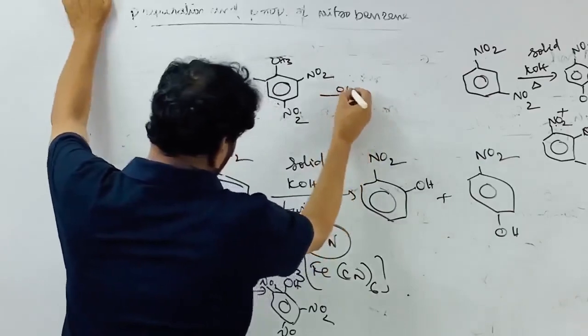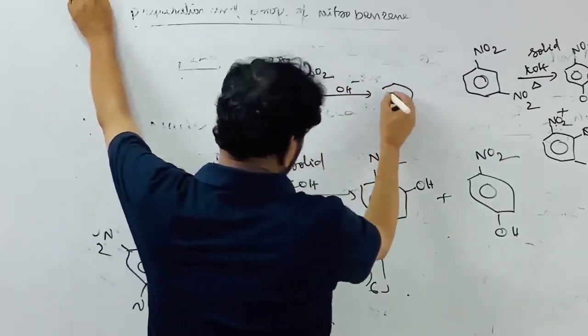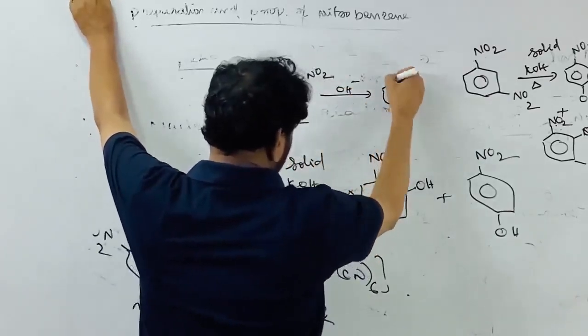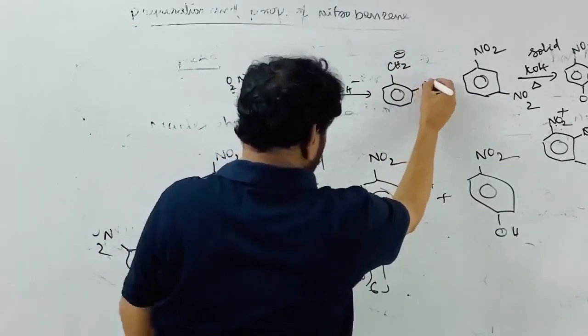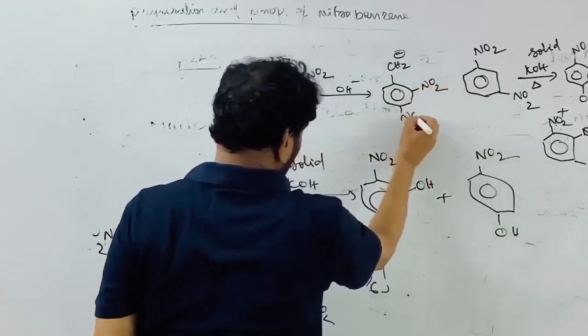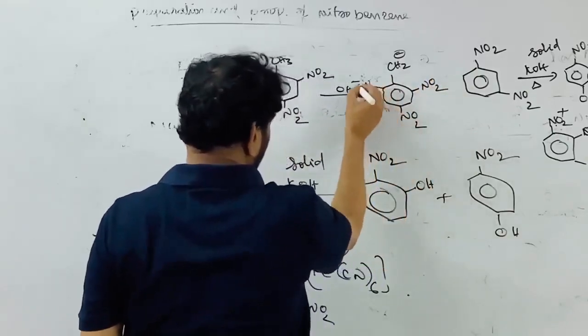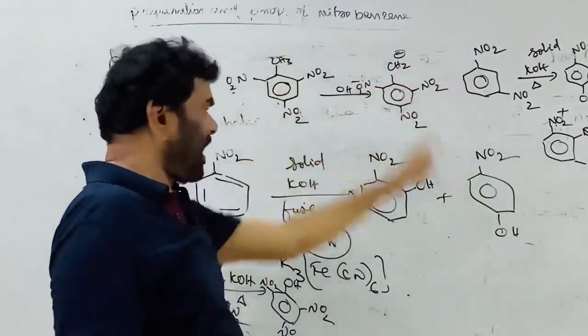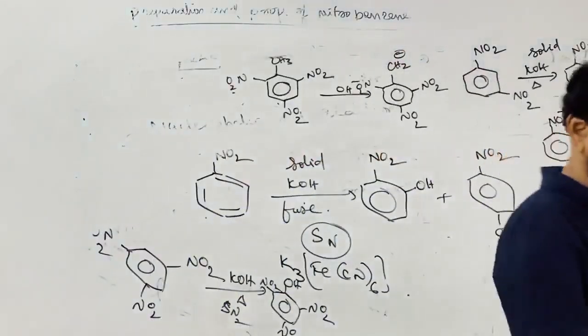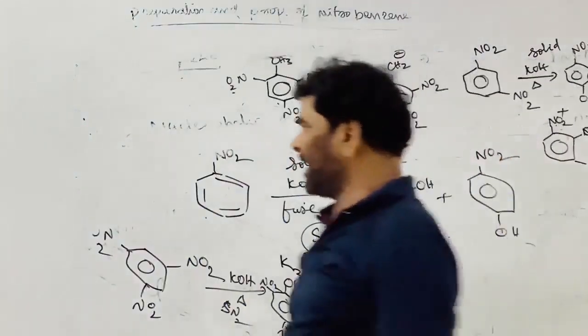On treatment with a base, what happens? A carbanion is generated. This is highly acidic. This carbanion is stabilized by the 3 nitro groups present in the ring. So it is a good source of carbanion. Trinitrotoluene is a good source of carbanion.